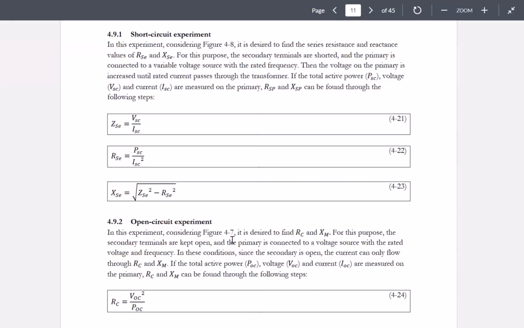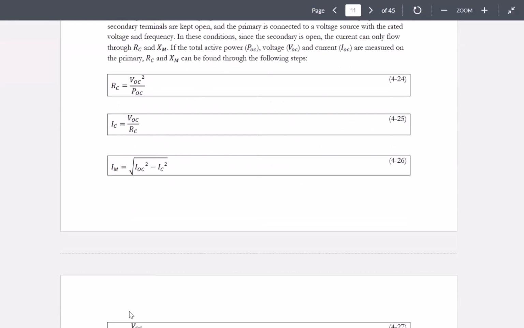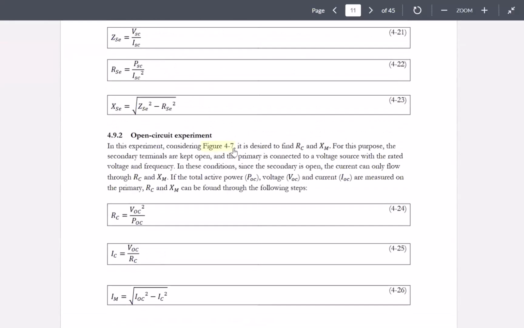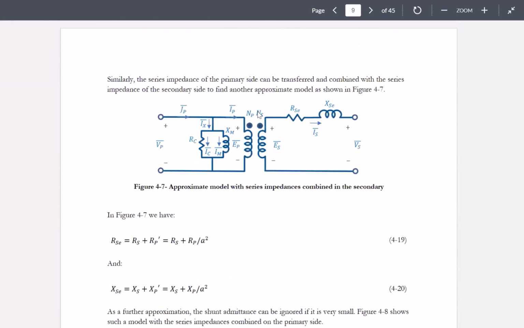The next step would be the open circuit experiment, in which our goal is to find the RC and XM. For that purpose, we go to figure 4.7. Now, instead of having a short circuit, let's keep the secondary open. If you keep the secondary open, there would be no current passing through here, right?